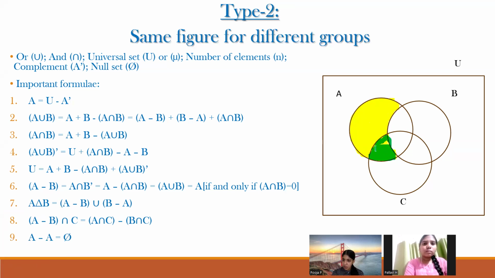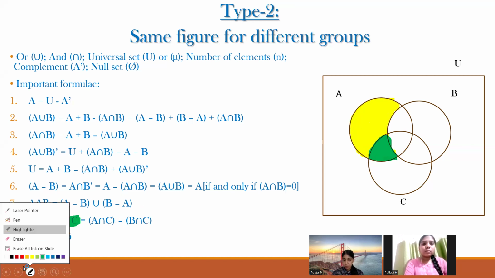So this green region is nothing but A difference B intersection C. This is the first part of the given formula. What about the second part? Let us see if it is true or not. We are supposed to get only this green region even after doing this, because both should be equal and come to the same answer.